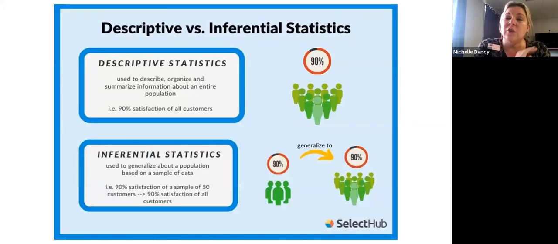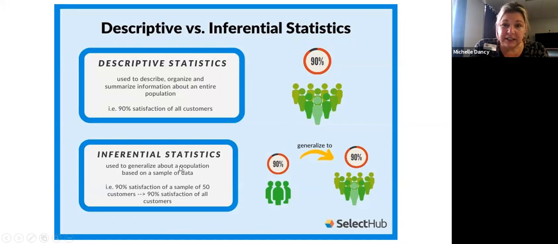So in descriptive, I would say something like, I had a 90% satisfaction rate when I used all of my customers. When I looked at all of these customers, there was a 90% satisfaction rate.